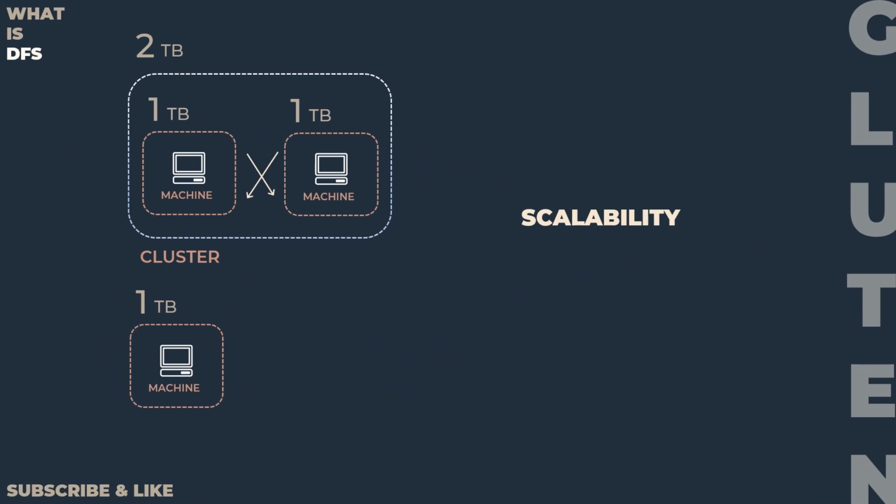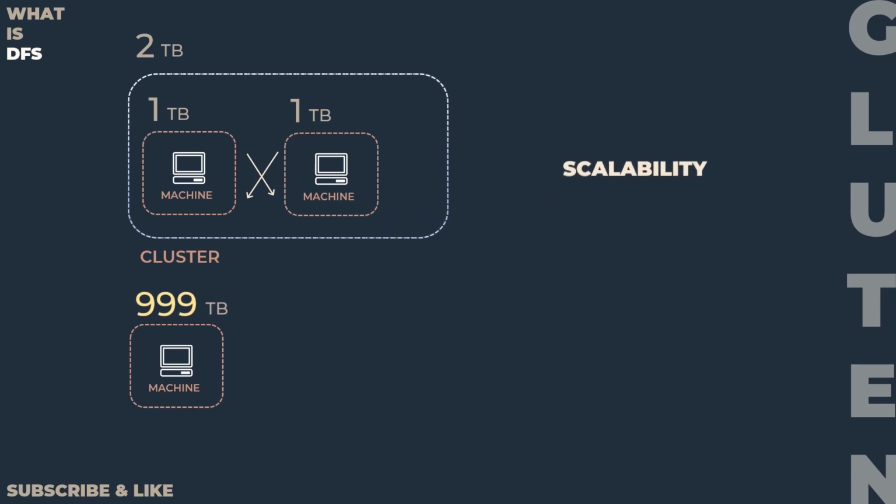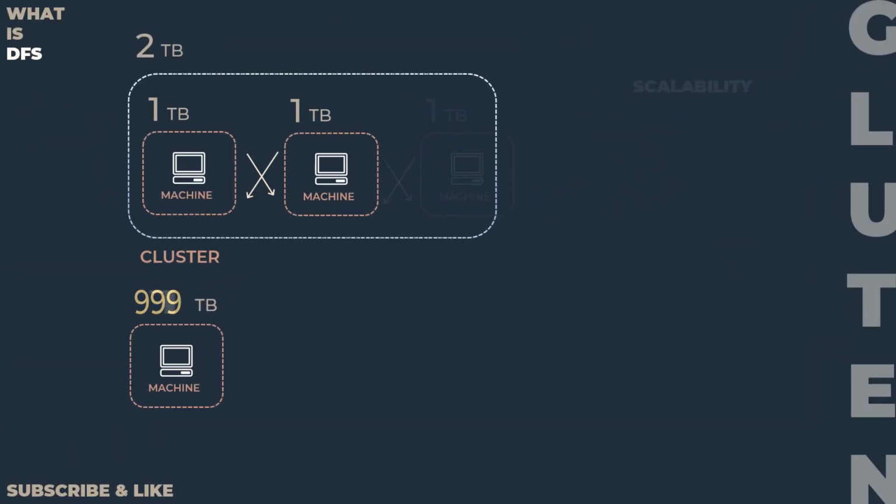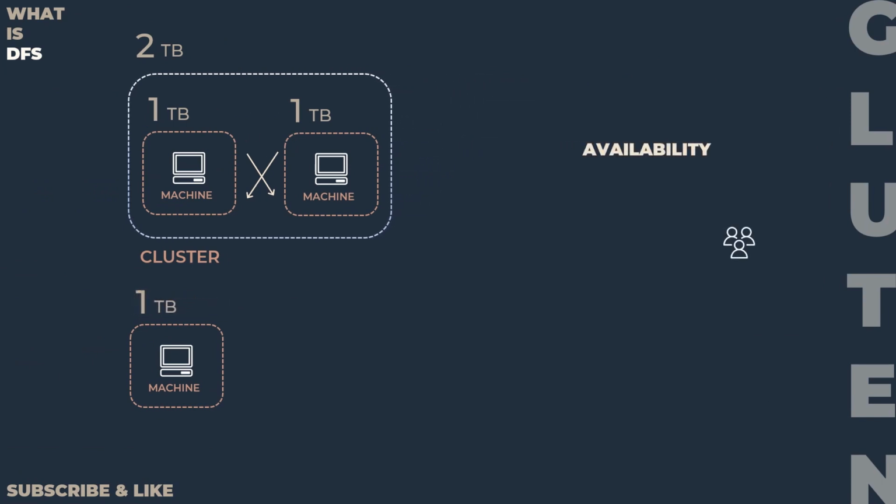Scalability. To scale a local file system, what you can do is add more memory. However, this can be costly because you will need high-end computer hardware. To scale a DFS, you only need to add one machine into the cluster network to scale horizontally. In terms of availability, a local file system also serves as a single point of failure.